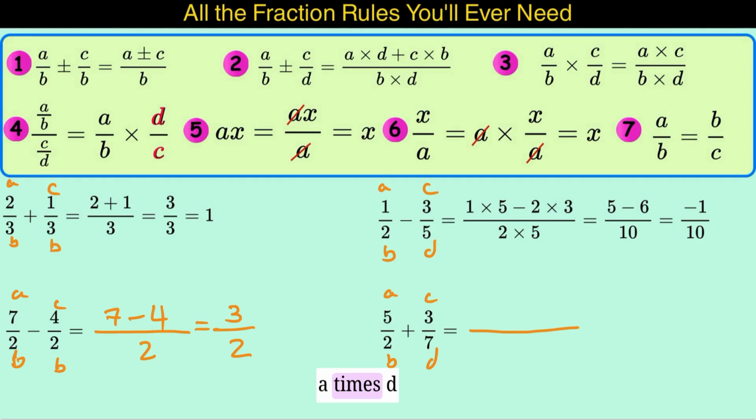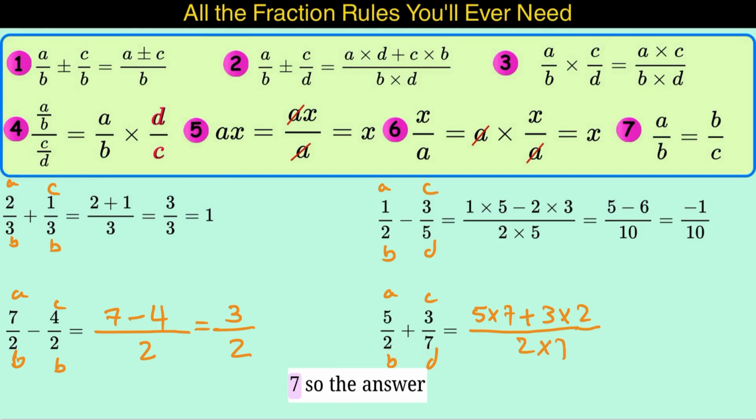So A times D, which is 5 times 7, plus C times B, C, which is 3 times 2. At the denominator, I have B times D, which is, here's my B, here's my D, 2 times 7.